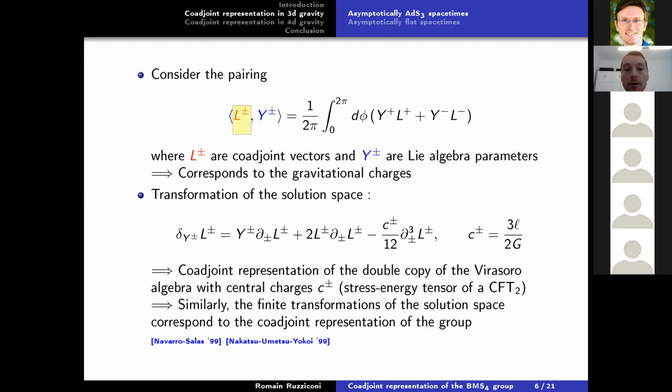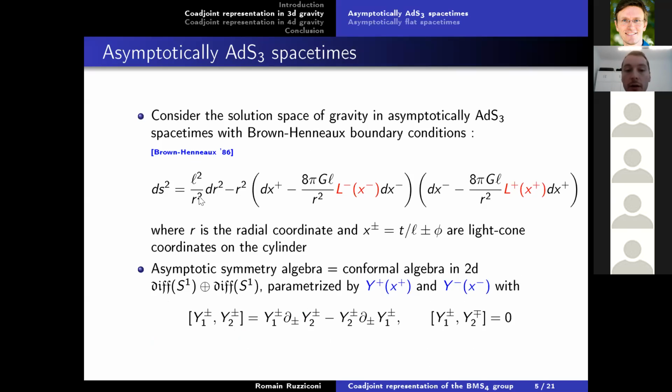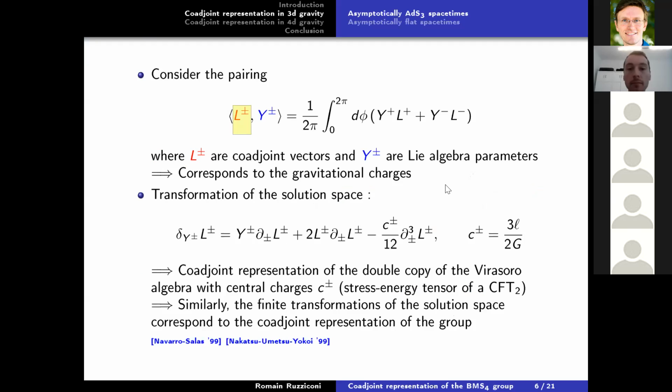And these functions are precisely those appearing here in the solution space. And then the pairing is just the following combinations, which actually correspond to the gravitational charge of the theory for these boundary conditions. And now from an explicit computation, you can compute the variation of the solution space.